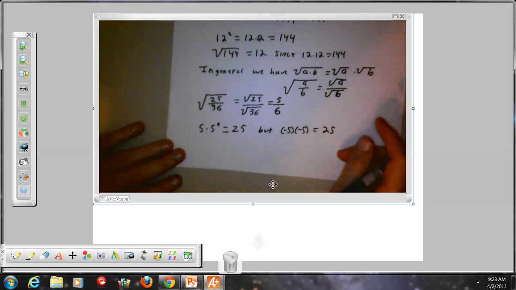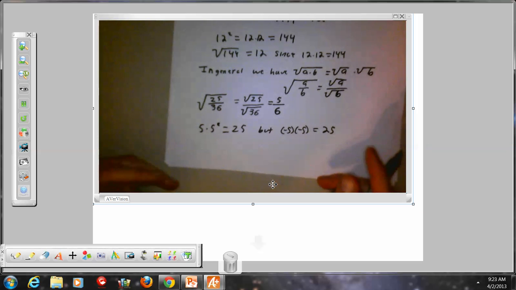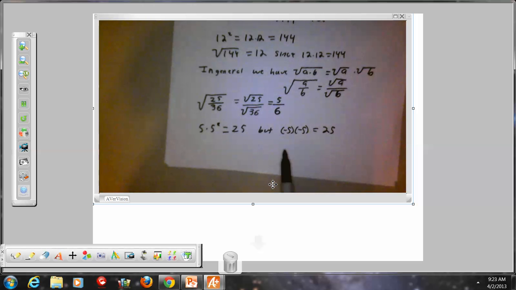It's just that when we're taking square roots, to be a function, you have to know what the output is after you put your input in. So if I plug 25 over 36 into the square root, I would have to know whether the answer is the positive or the negative. Well, we always make the square root the positive number, such that 5 over 6 times 5 over 6 is 25 over 36.